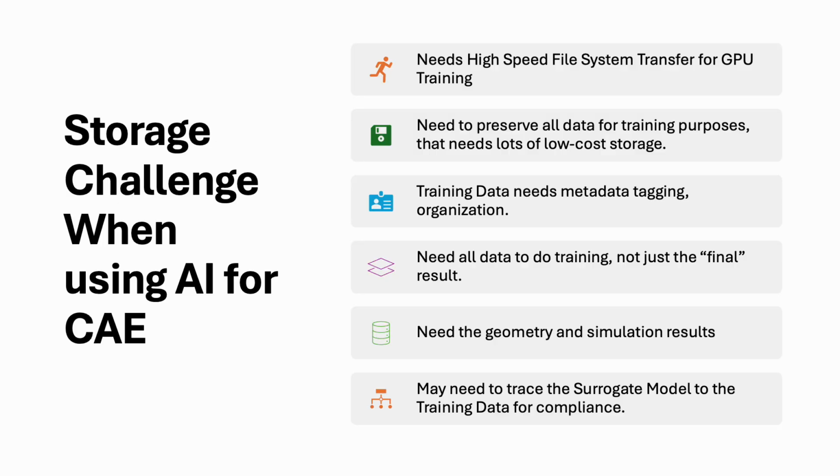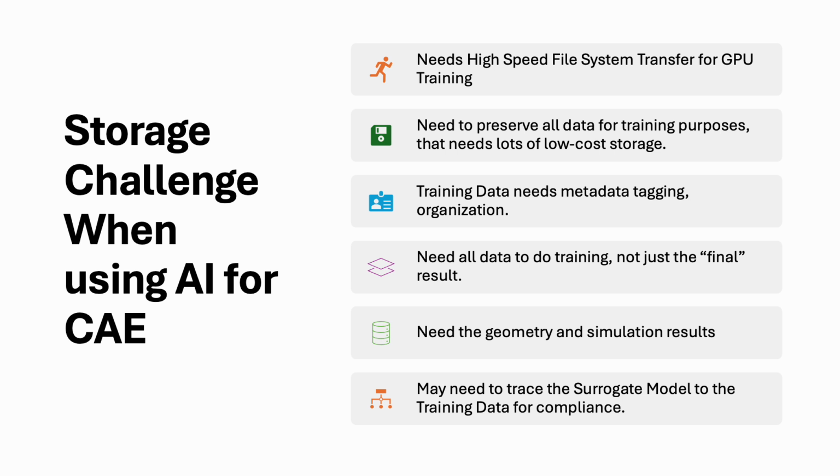So this is the high-level workflow, and it creates some additional challenges that we really haven't had in the past. In the past, you didn't really keep all of your data because you weren't trying to train a model with it. You might have kept the best result, the end result, whatever the final design was, but not everything that led up to it. So for an AI workflow, we need to be able to preserve all of our data.